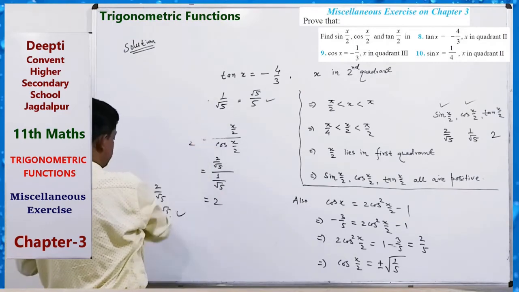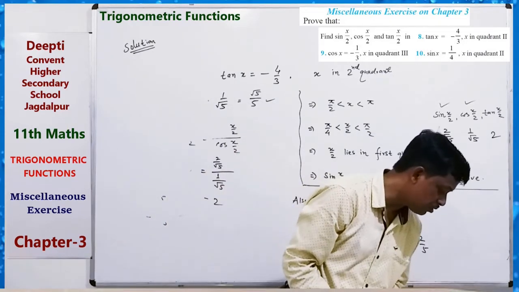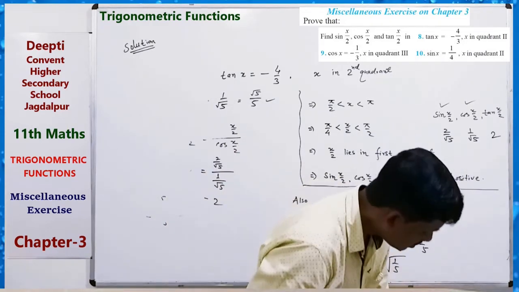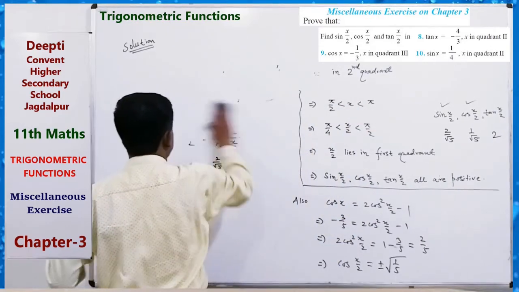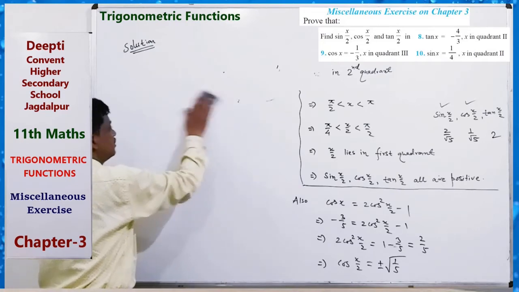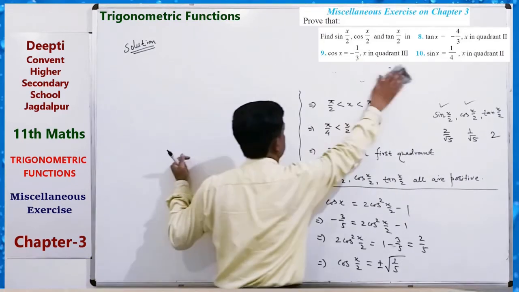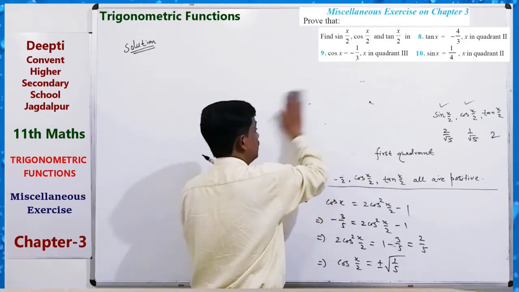Question 9 and 10. What is given in question 9? Cos x equals minus 1 by 3, and x is in the third quadrant. I am giving hints for these two questions, and also for question 6 and question 3.